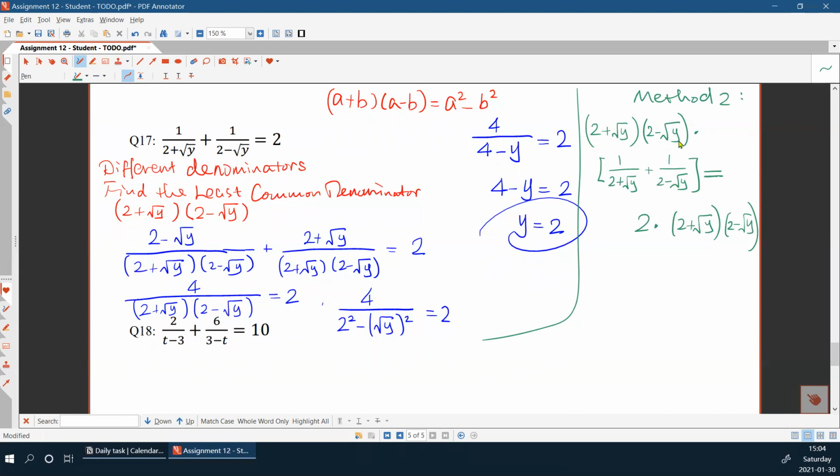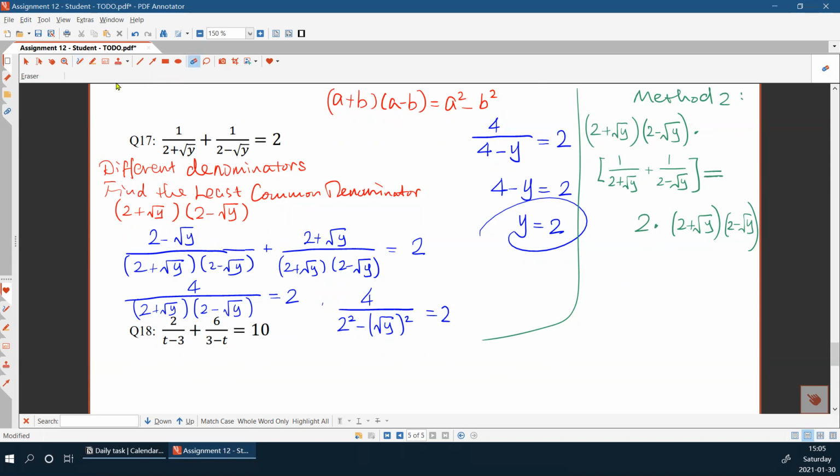No? Okay, now we need to use the distributive law, right? On the left-hand side, first we need to assign the first term to the first term in the brackets, and then assign the least common denominator to the second term in the brackets, right?